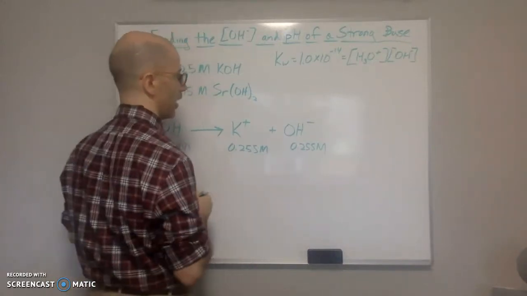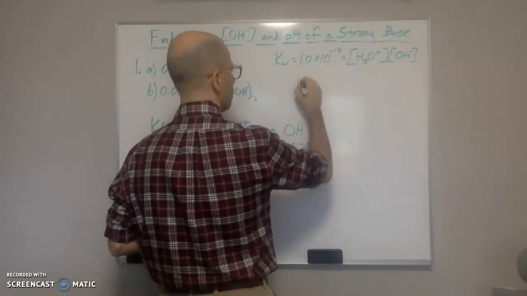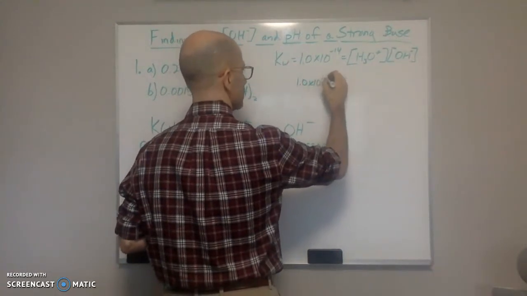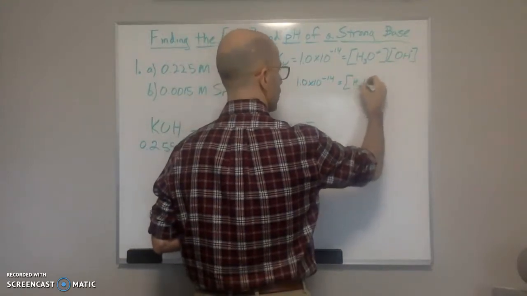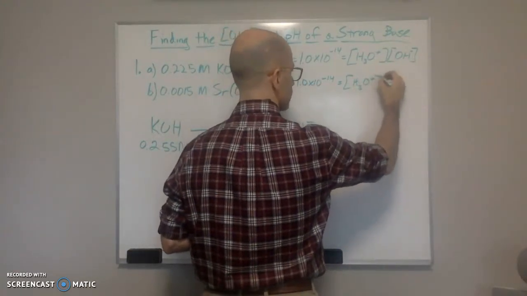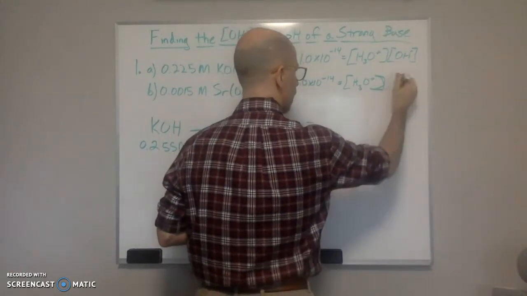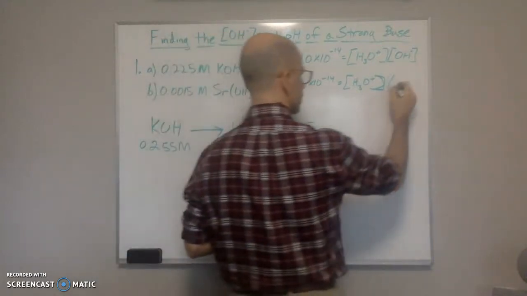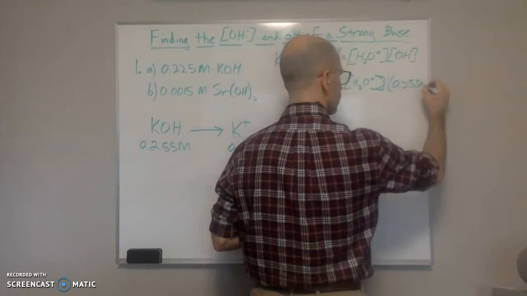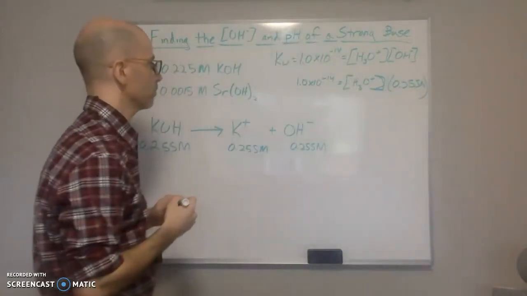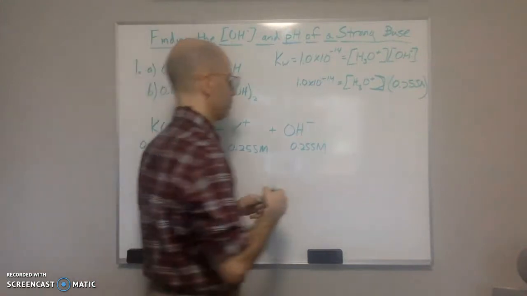All right, so let's go ahead and solve this. We'll get 1.0 times 10 to the negative 14 is equal to H3O plus concentration multiplied by 0.255 molar. Divide both sides, and we'll get our H plus concentration.